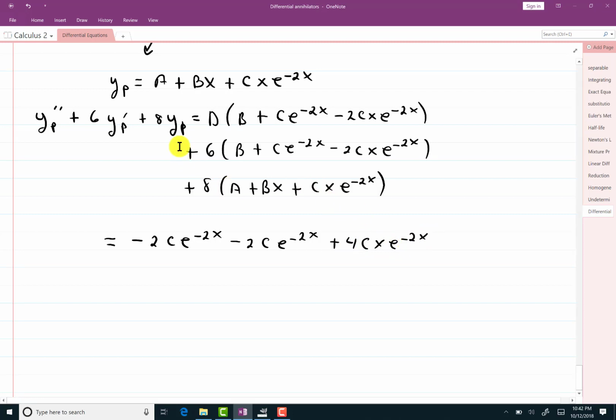Let me go ahead and multiply everything through. I'm going to try also to line up things underneath where they should be to make life easy for myself. So I'm going to get plus 6b, which there's no constant term in that first piece, so let me put this here. Then I have plus 6c e to the -2x.